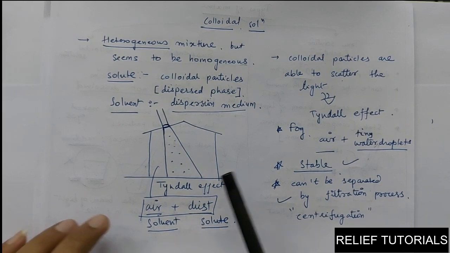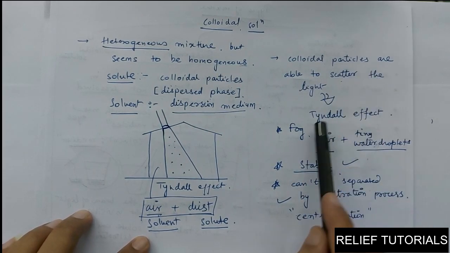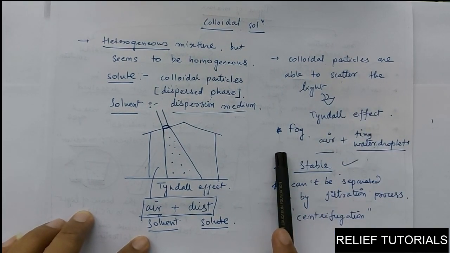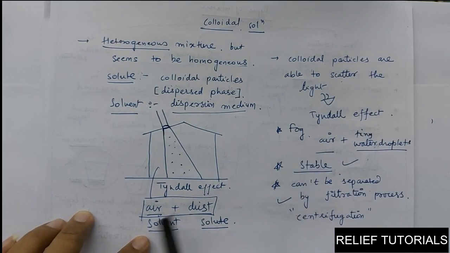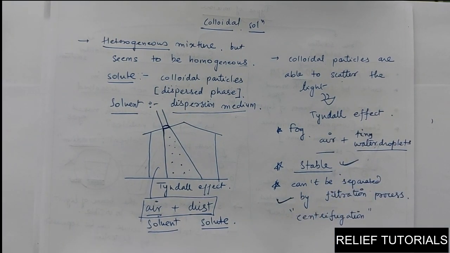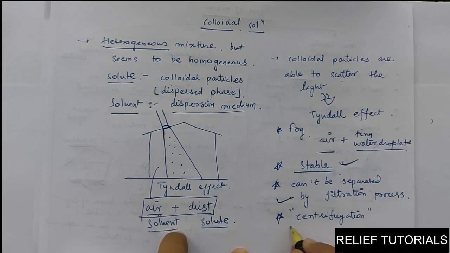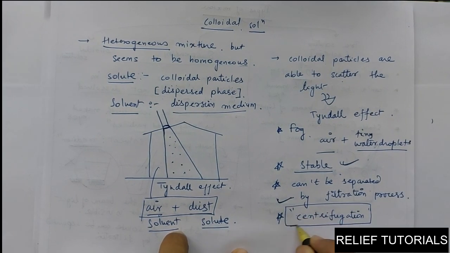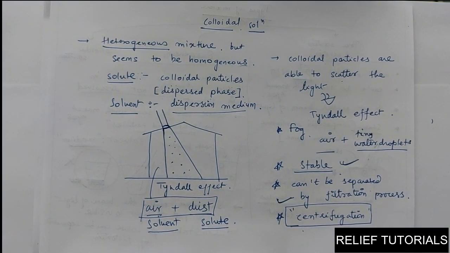The beam of light can be scattered by the colloidal particles, and this effect is called the Tyndall Effect. Fog, air plus dust, and many such examples of colloidal solution exist. Colloidal solutions are stable and cannot be separated by the filtration process. The particular technique to separate the colloidal particles from the solution is centrifugation.